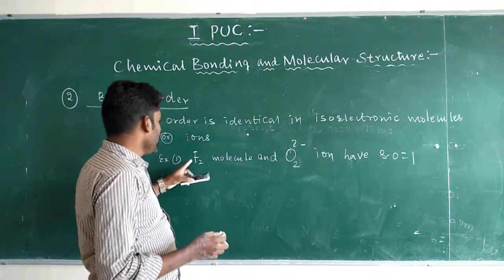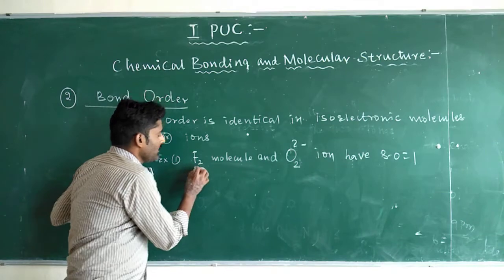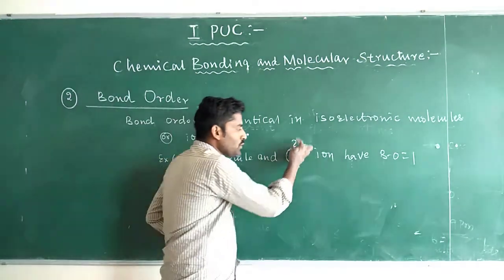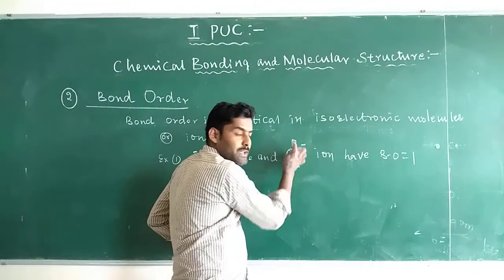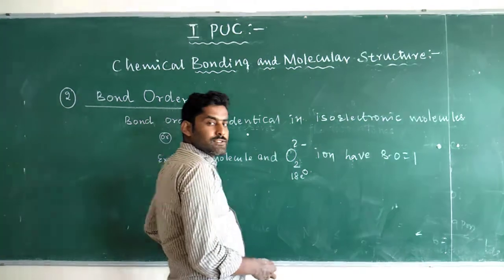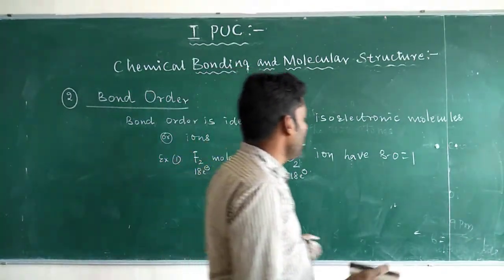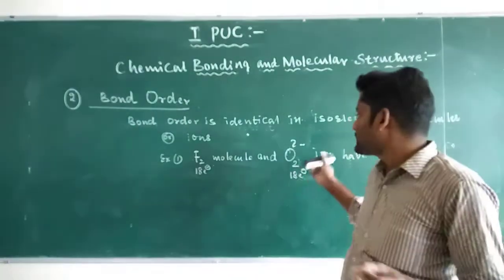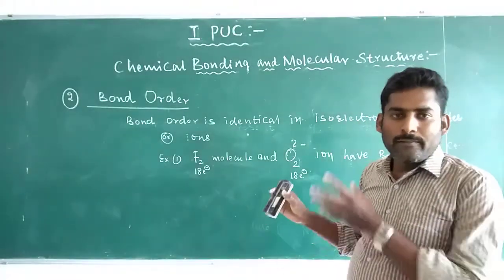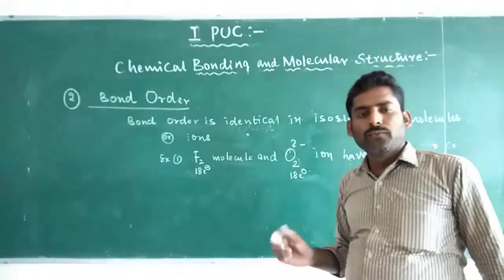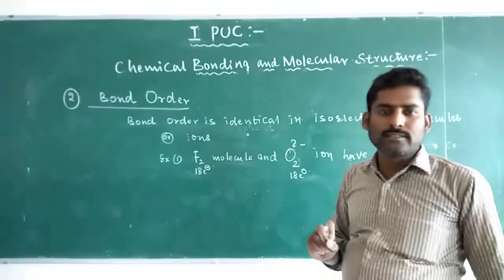F2 molecule has 18 electrons, and O2 2 minus also has 18 electrons. So these two species have the same number of electrons, and they are called isoelectronic ion or molecule. They have only one bond between the fluorine atoms and between the oxygen atoms.